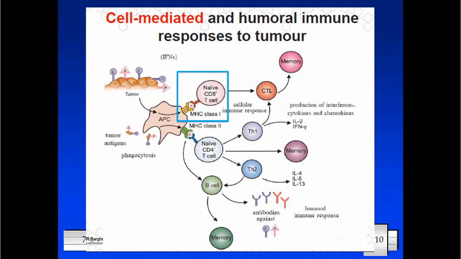Again, the CD4 positive lymphocyte recognizes and binds the tumor antigen presented by the antigen presenting cells, which are only the macrophage, dendritic cell, and B lymphocytes. T helper 1 receives antigen from macrophage and dendritic cell, as you know, and this binding with the antigen bound to the MHC2 leads to activation of the T helper 1.